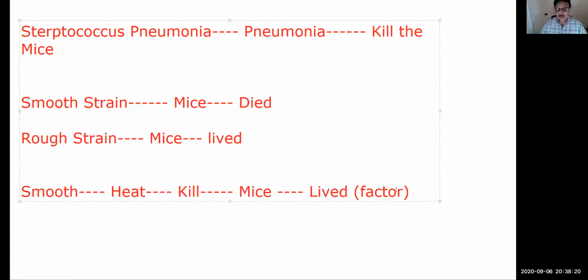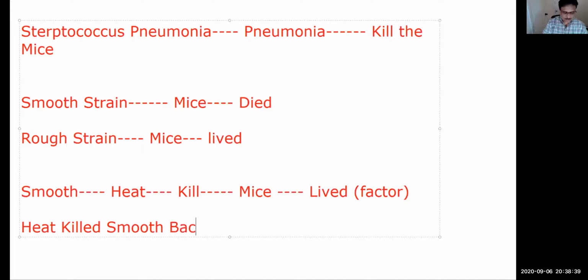So to understand what is going on, he took heat-killed smooth bacteria, mixed it with the rough bacteria, and then injected it into the mice.